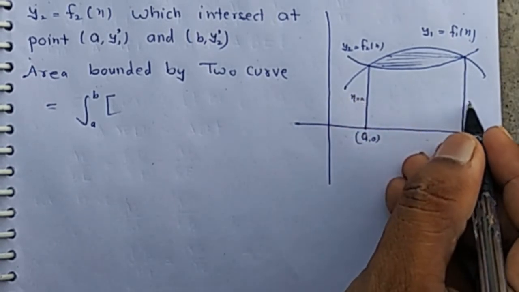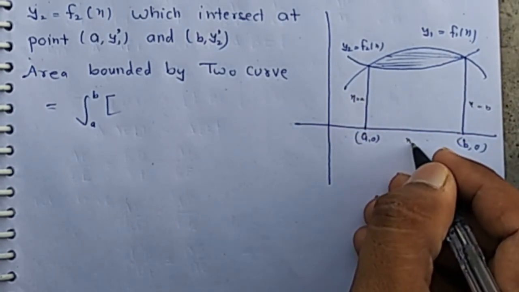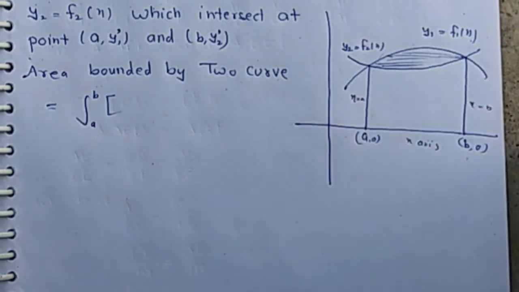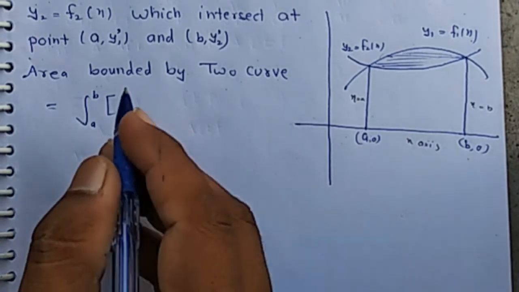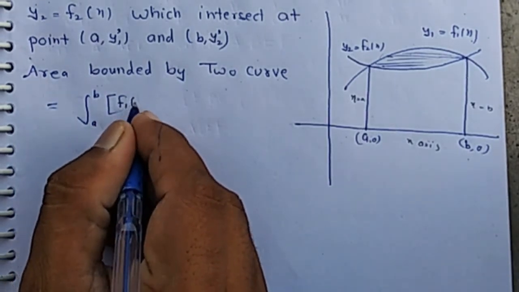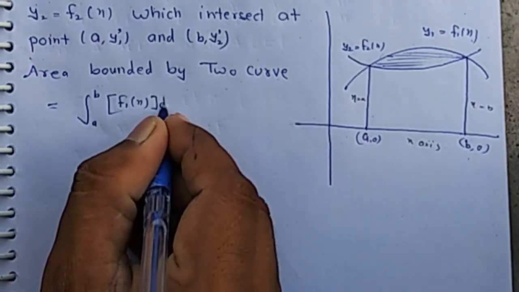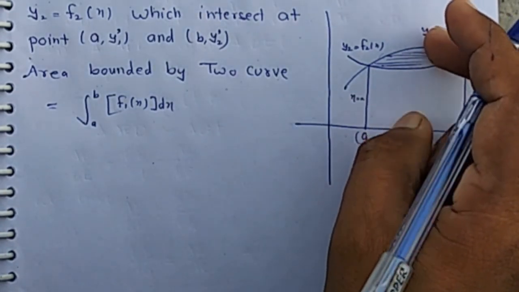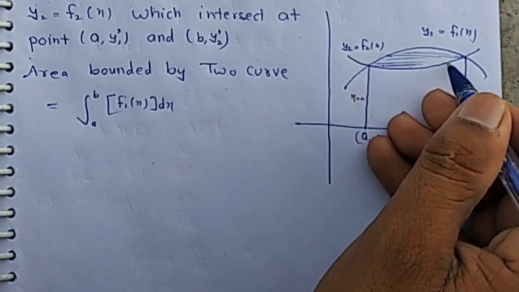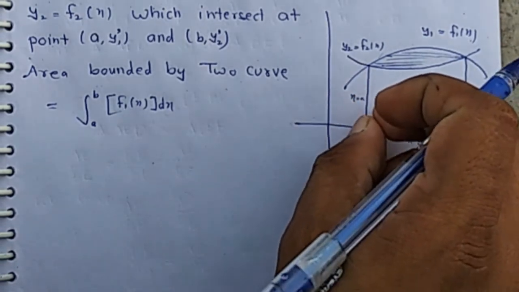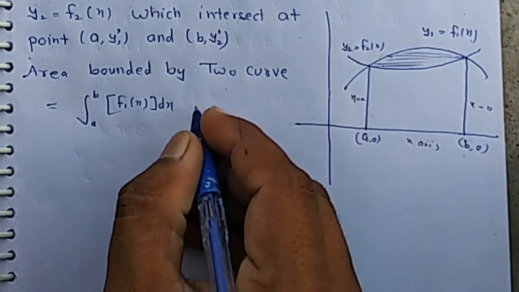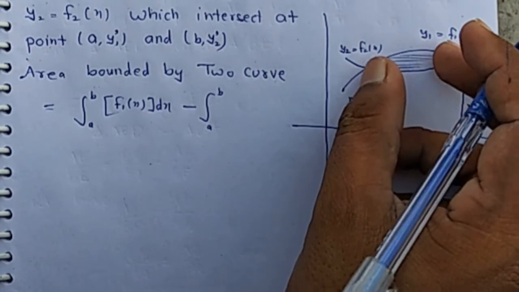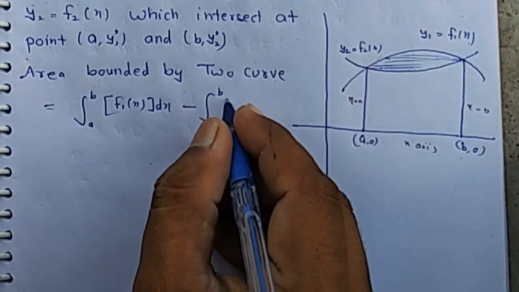Then the area bounded by curve y1 is integral of f1(x) dx, and if we subtract the area bounded by curve y2 equal f2(x), x equal a, x equal b, and the x-axis, then we find the area bounded by both these curves.